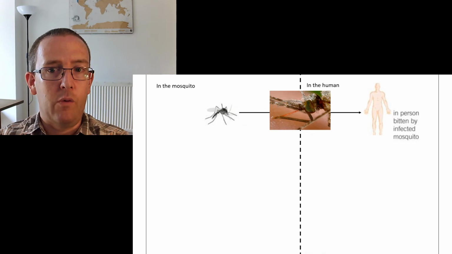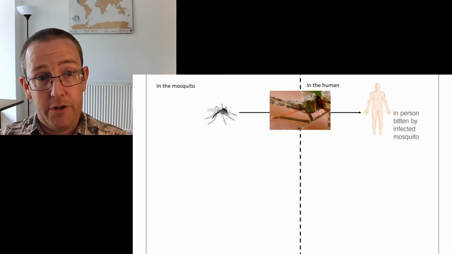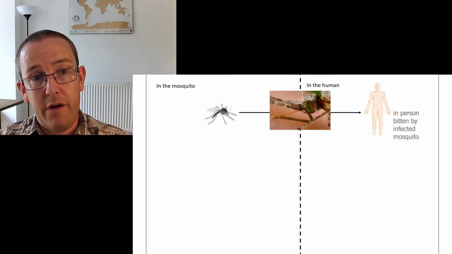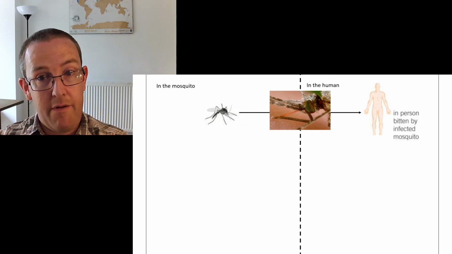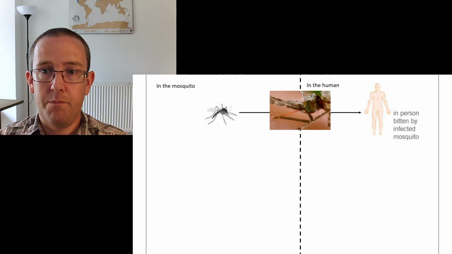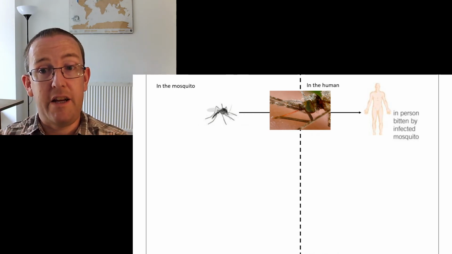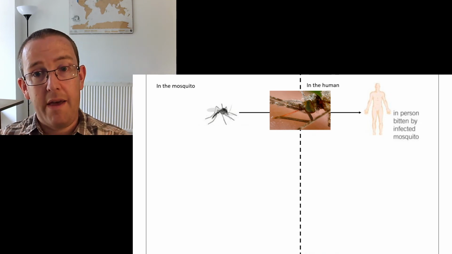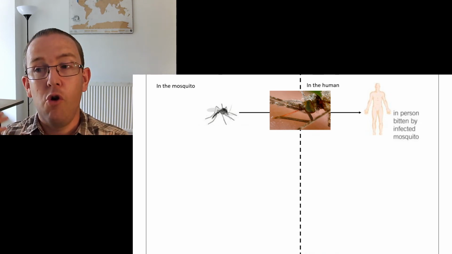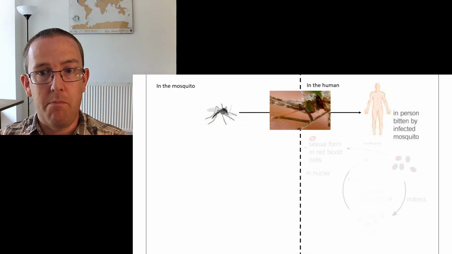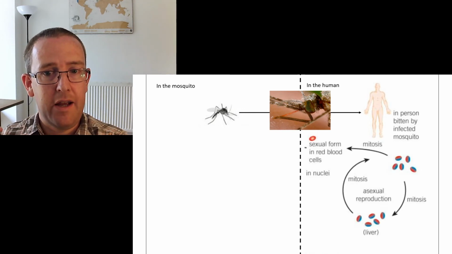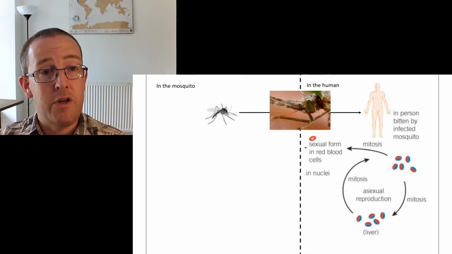So the mosquito bites a person, and from the saliva in goes the malaria parasite into the person's blood. That's very quickly taken round to the liver, where the malarial parasite starts to reproduce asexually by mitosis. Round and round it goes, building up and building up.